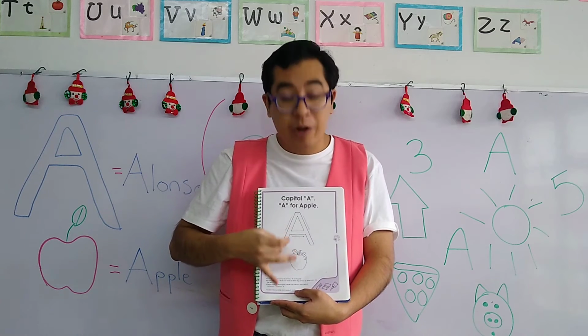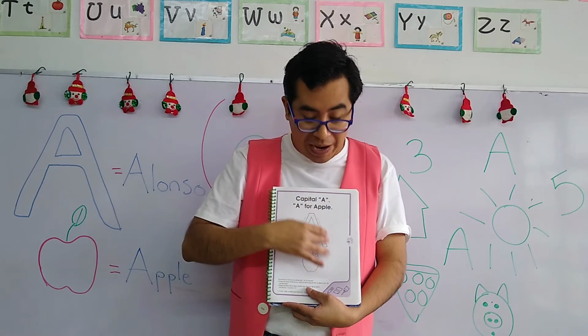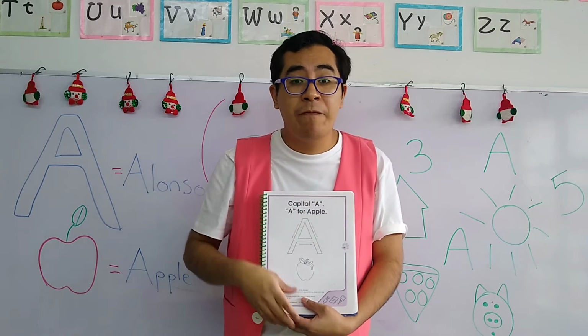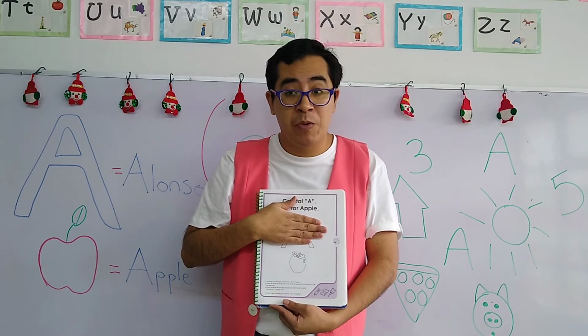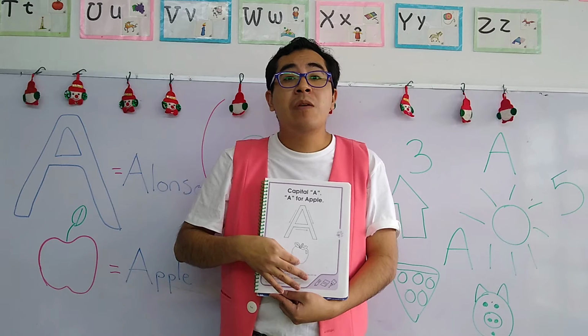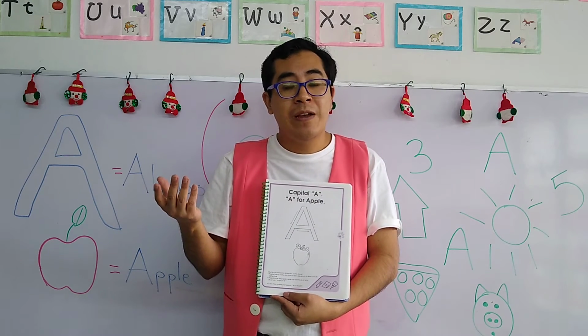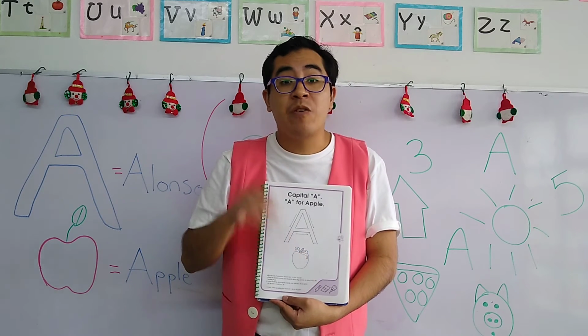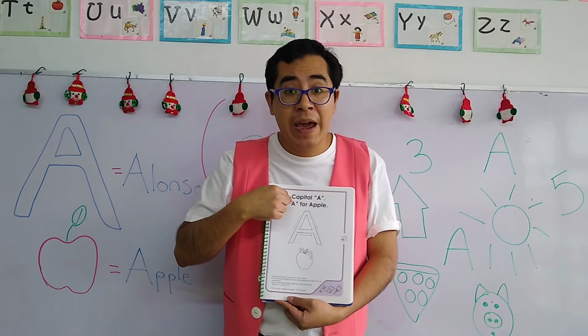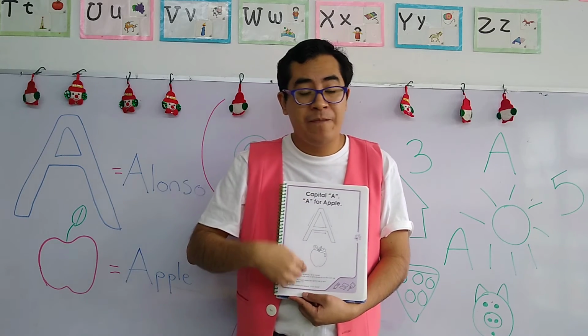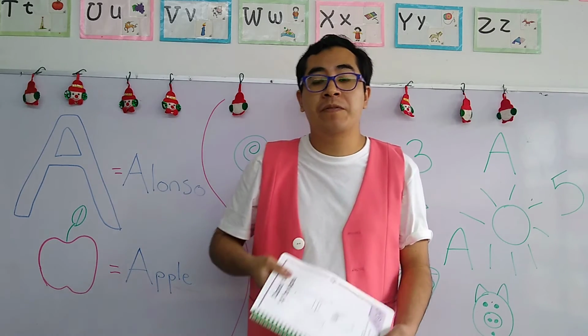You're going to paste it all around the capital A, and once you have finished pasting those papers, you are going to paint with color red, obviously, the apple, okay? Don't forget, capital A for apple. Very good. That's the only activity of today.